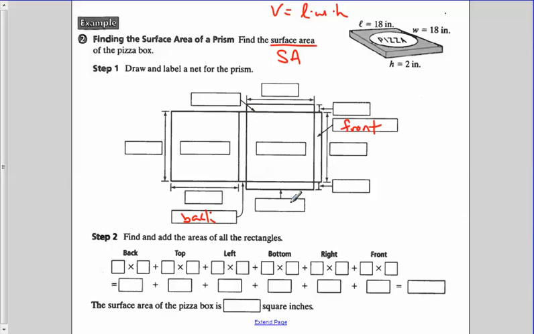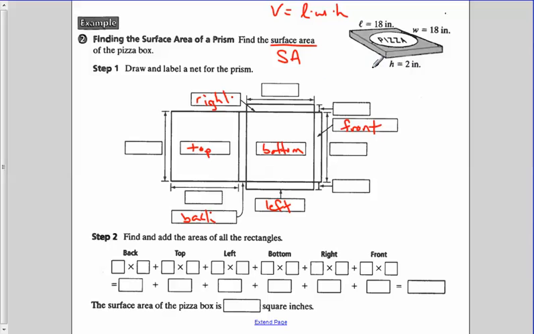That means this would be the right side of our pizza box, and this would be our left side. The reason we identify each of these is because down here it helps organize it. This will be the bottom, and this is the top. So now let's fill in our measurements.